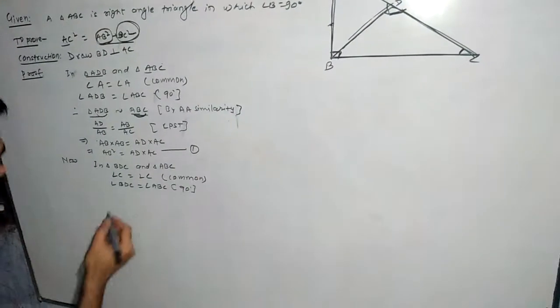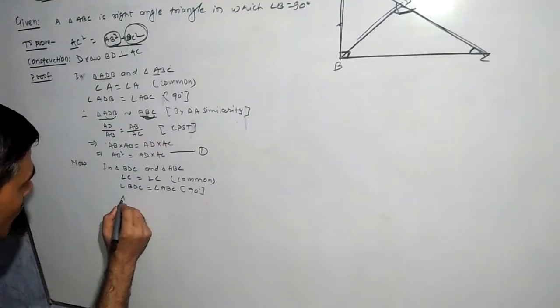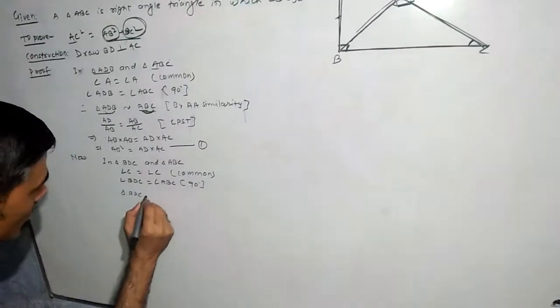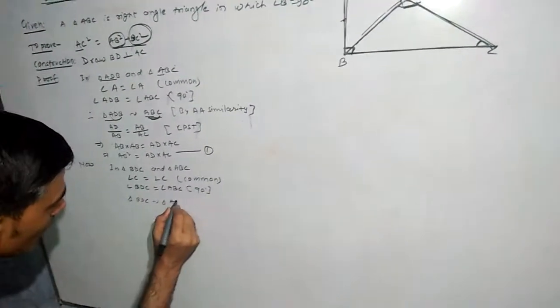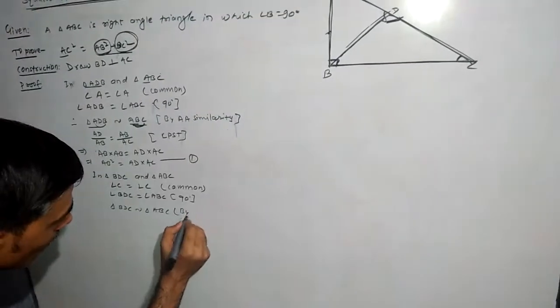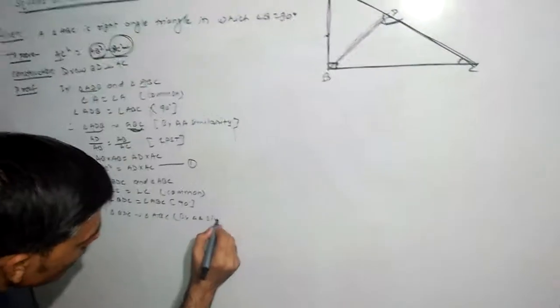And from this, triangle BDC is similar to triangle ABC by AA similarity.